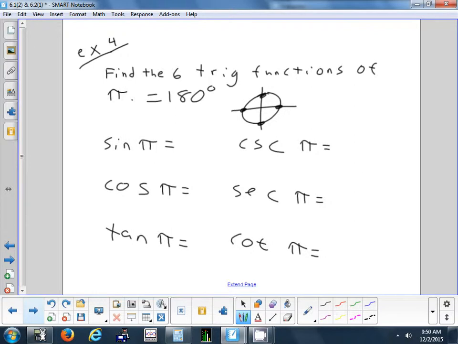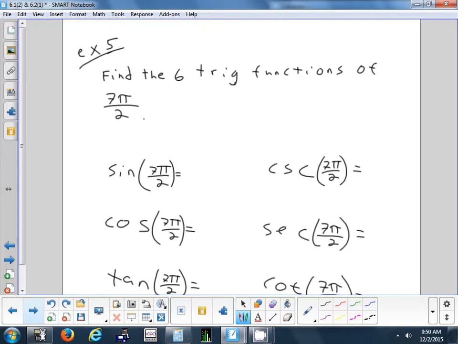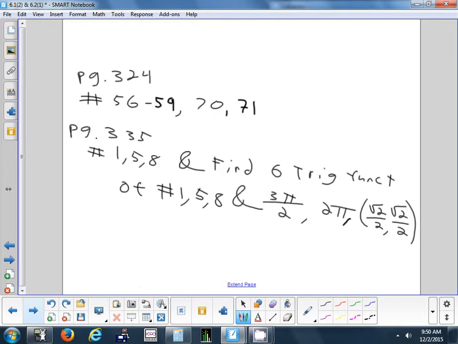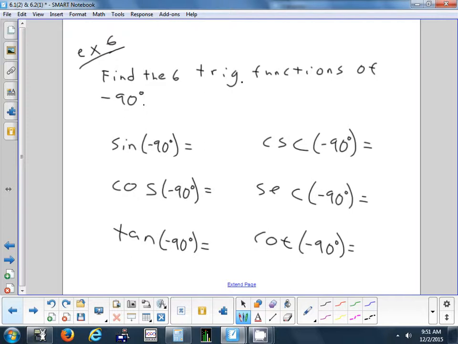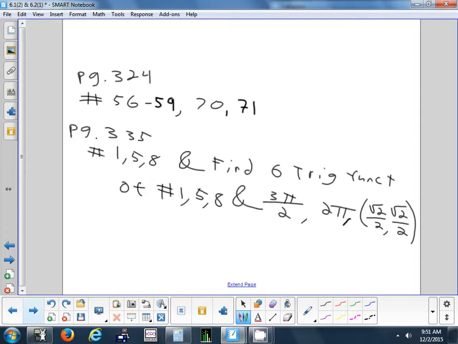We'll talk about other ones later. Also, if you get a negative angle, you can always add what to make it positive? Coterminal, you add 360. So if you don't like that, make it that, and we just did that problem.